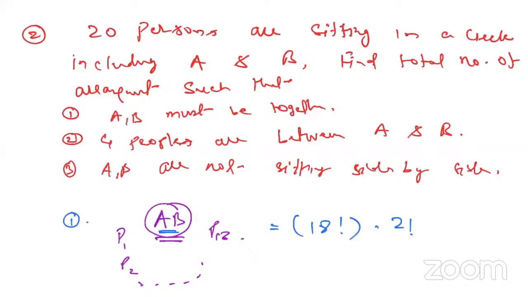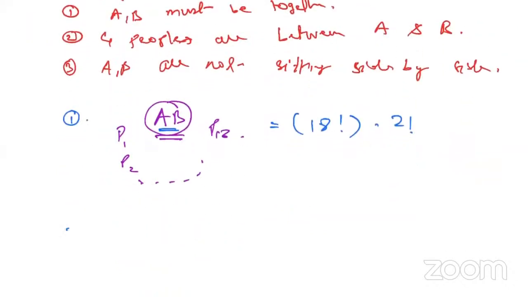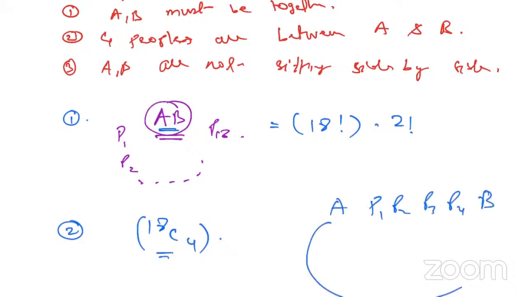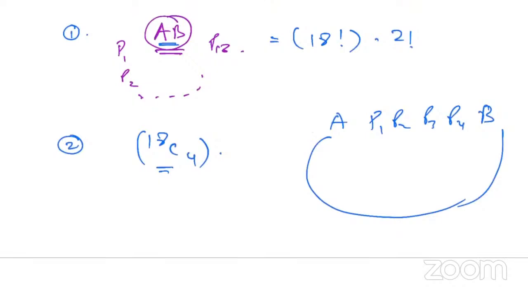Second, 4 people are between A and B. So first, out of 18, we don't have idea who is coming in between, right? Be careful. So 18C4, we are selecting 4 people, right? A, P1, P2, P3, P4, and B. Now they have to go in a circle, right? So this counting as 1, right?